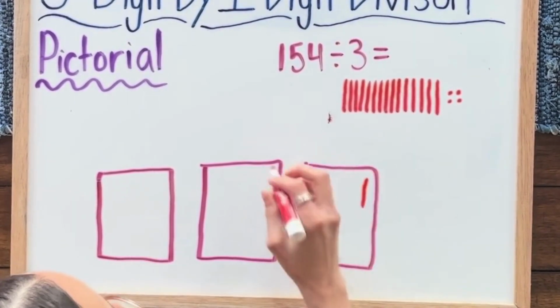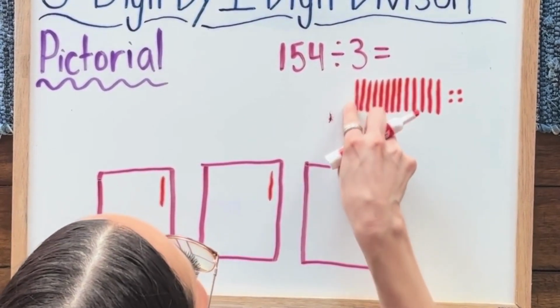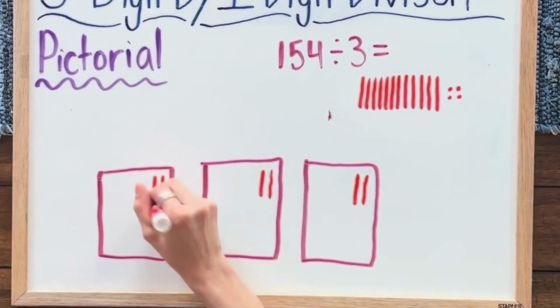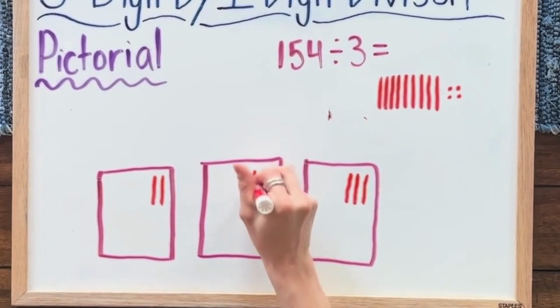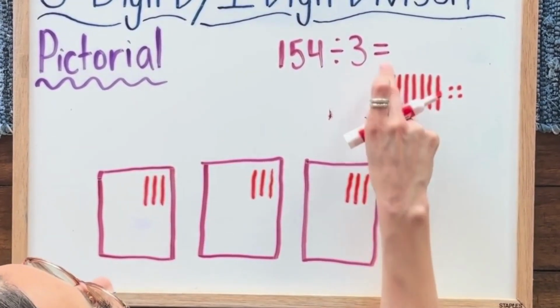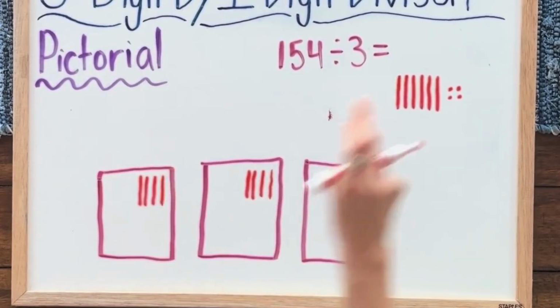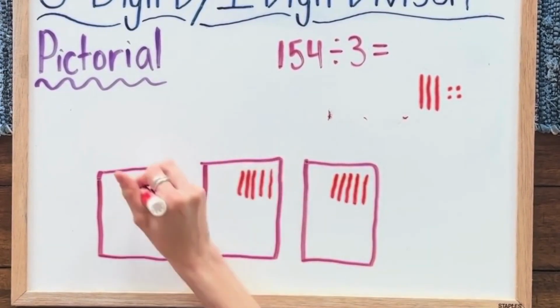So we'll go 1, 2, 3, and repeat, until finally the last 3.